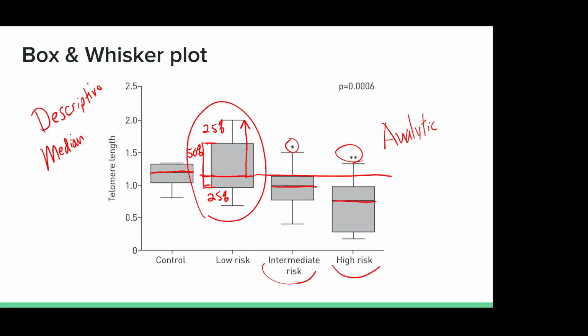So 50% of the data in the low risk is above or at the top 25% of high risk. That does suggest that the average value in the low risk category is a larger value. We can't say that it's larger, but it does suggest it. For us to say it's larger, we have to do that statistical test.